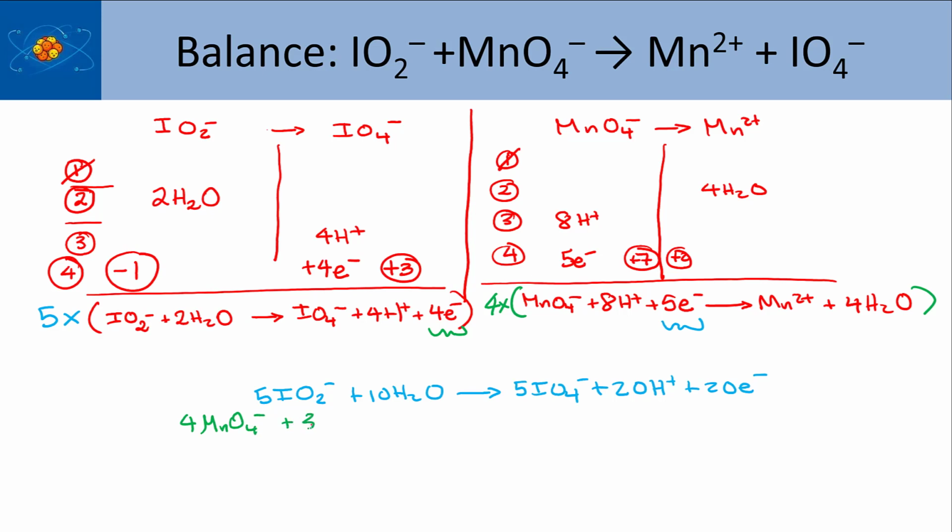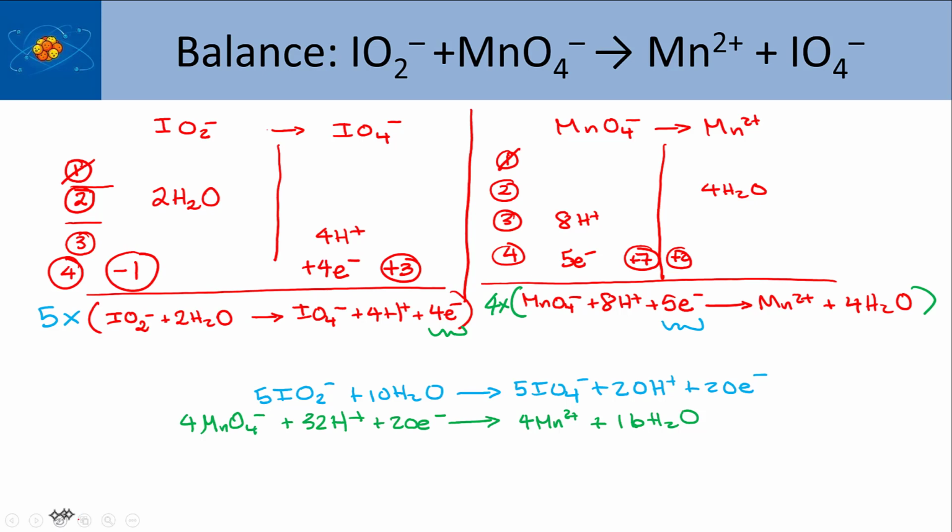Plus 32H plus 20 electrons makes 4 Mn2 plus 16 H2Os, like that. So the left reaction multiplied by 5 gives me the blue top reaction, right reaction multiplied by 4 gives me the green lower reaction.